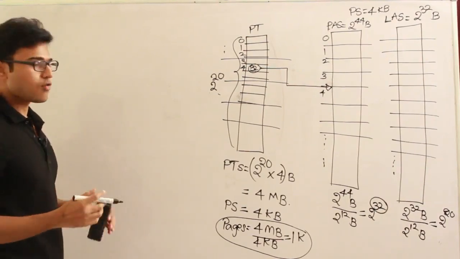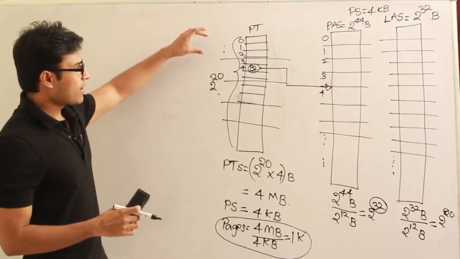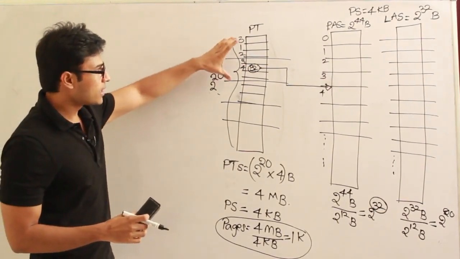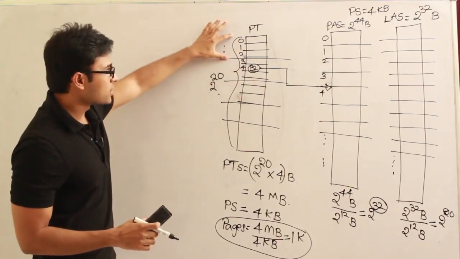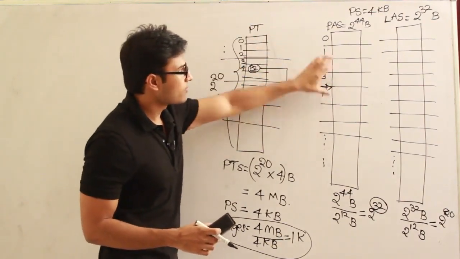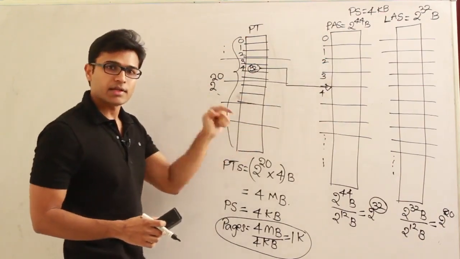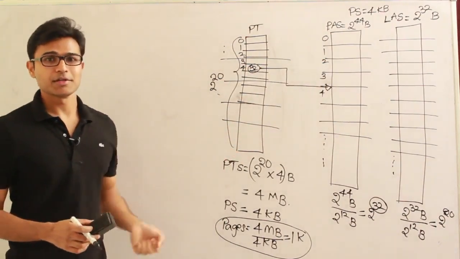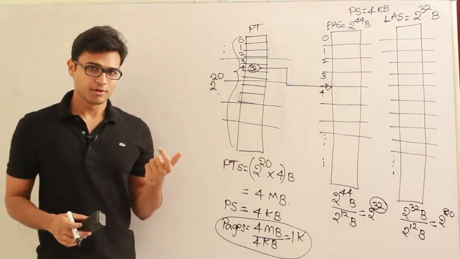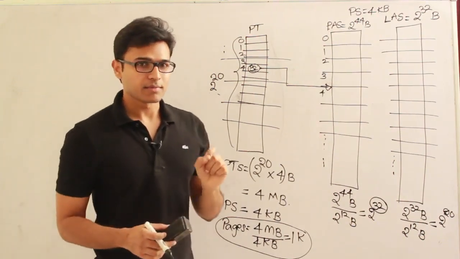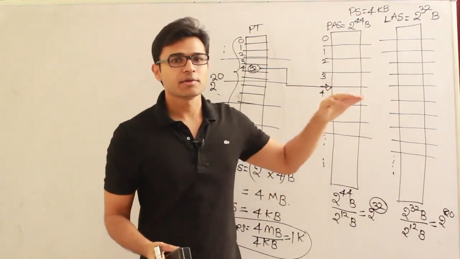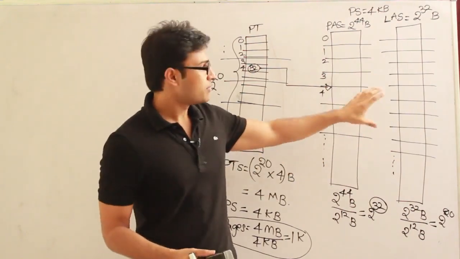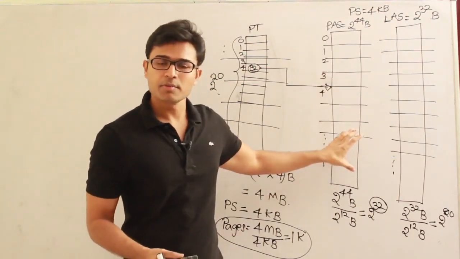Got it? Now what I do is, I have to maintain the database again about which page of this page table is present in which frame of the main memory. For that reason, I need one more page table. It is going to be a bit confusing here. The process is very big, so I have split it up into many pages, and then pages are loaded randomly into the main memory frames.